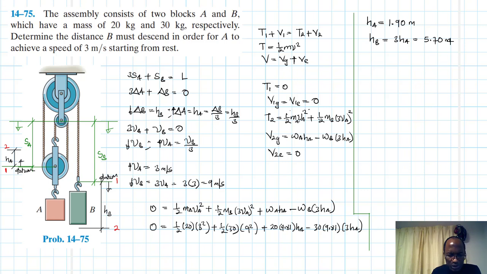We check it again, 0.5 by 20 by 3 squared plus 0.5 by 30 by 9 squared, okay, divided by 30 by 9.81 by 3 minus 20 by 9.81. Alright, so we have found the distance B that it must descend in order for A to achieve the speed, so found both of them.